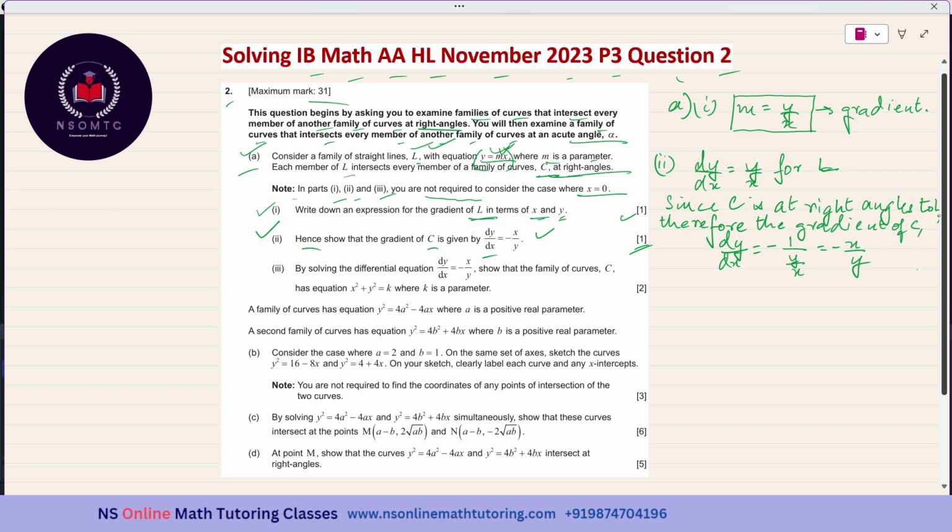So this will be the gradient of C. Shown.